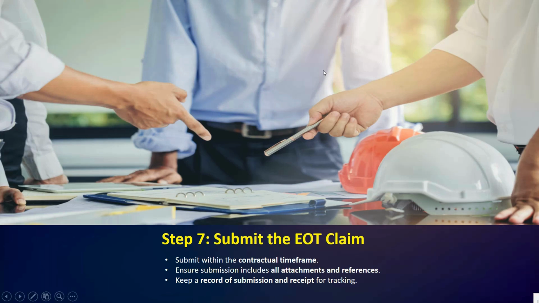Keep a record of submission and receipt for tracking. Always keep a record of submission and acknowledgement, such as a stamped copy or system confirmation. This proves that you have fulfilled your contractual obligations for submission.